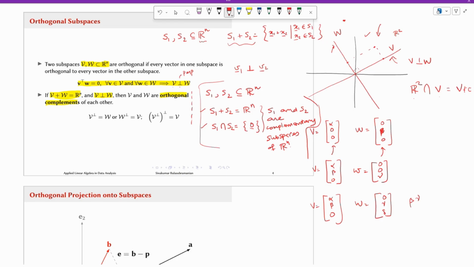What if I take the X line and the Y line? Are they complementary subspaces to start with? The X line, a one-dimensional subspace, and the Y line. Are they complementary subspaces of R3? No. R2 and R3 are not related. They're completely different spaces.